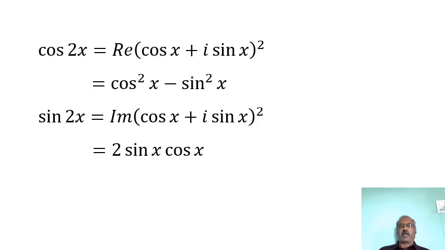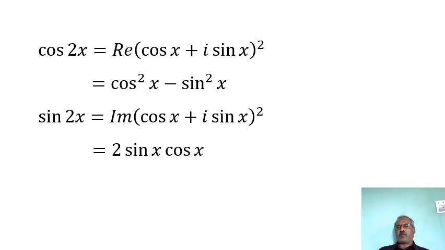So cos 2x will be equal to the real part of cos x plus i sin x whole square. Now a plus b whole square, you know, is a square plus 2ab plus b square. So you will get cos x whole square, which is cos square x, plus 2i times sin x cos x, plus i square sin square x.